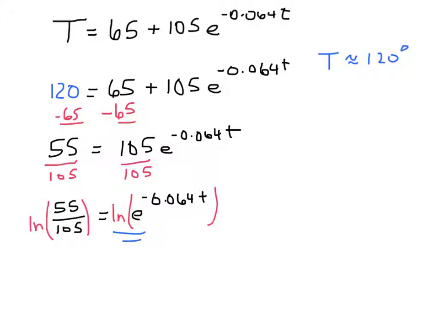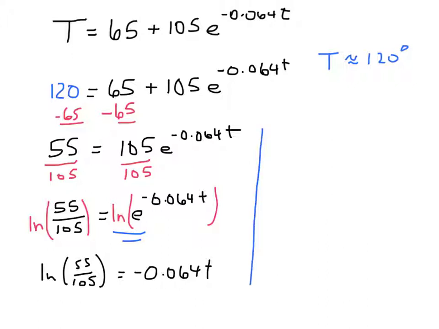Basically, this natural log is going to undo this e to the, and we end up with just our exponent. So I now have the natural log of 55 over 105 equals negative 0.064 t. And then, oh goodness, let me draw a little blue line here and we'll finish right on the screen. To solve this thing, I need to divide by negative 0.064.